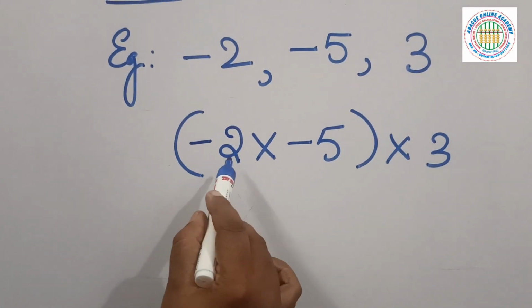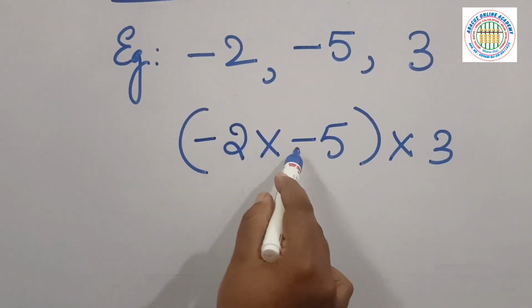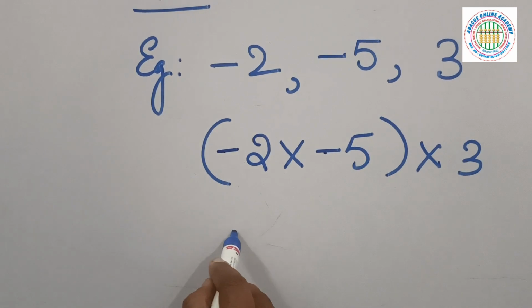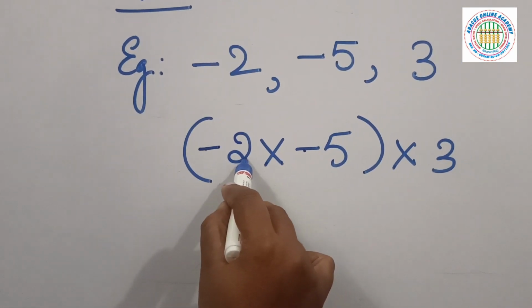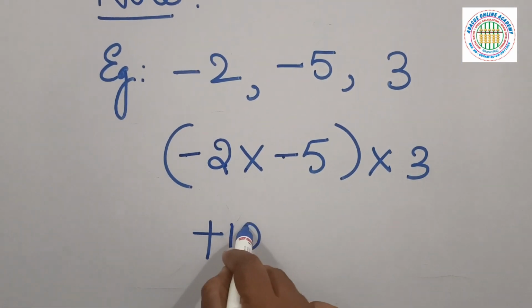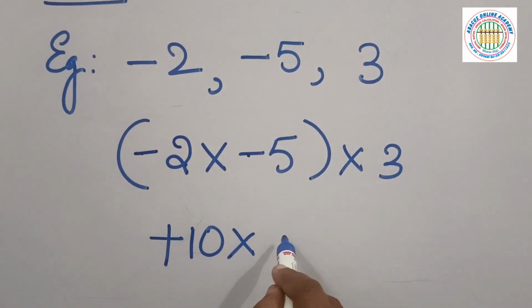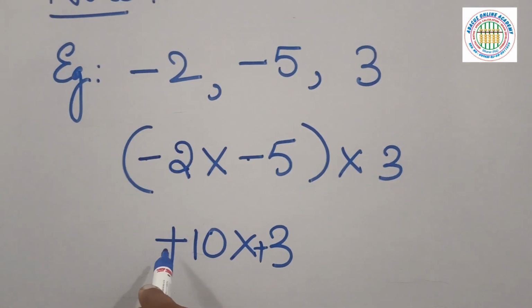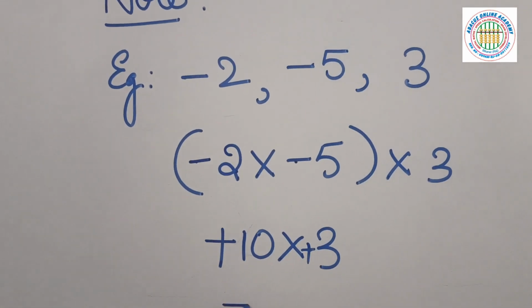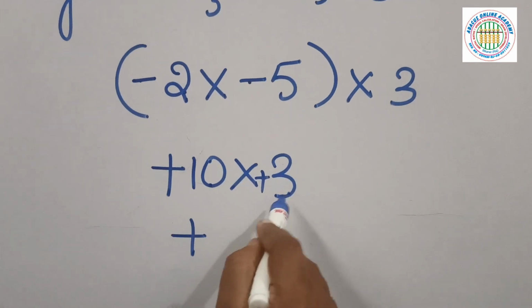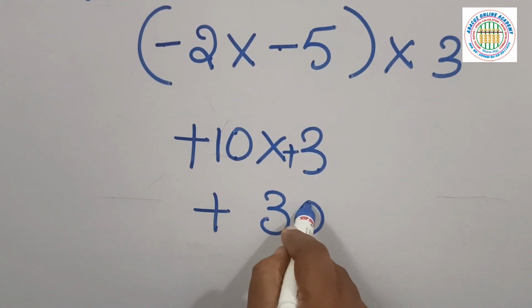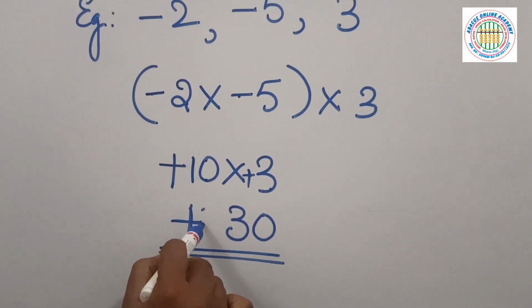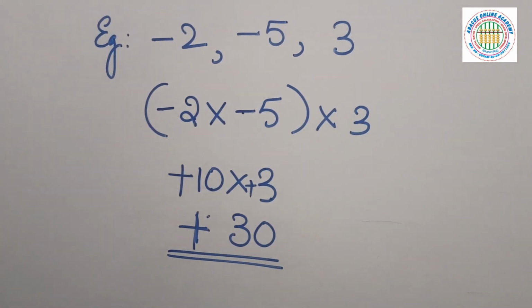Okay, how will you solve this? Now I'm just telling you the integer sign. Okay, so minus minus plus, but you have to multiply. 5 2s are 10 and multiplied by 3. Now both are plus sign. Okay, this is also plus. So plus plus plus. So 10 3s are 30. Okay, if you don't put this sign also it's okay, but no, plus 30.